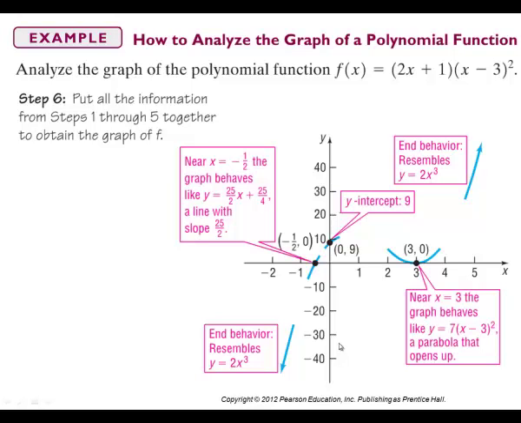Alright, so this is what we've got so far. We know it comes up and to the right because it operates like a positive x cubed. It comes up and to the right, down and to the left. We know our zeros are at 3 and negative 1/2, and we know that our y-intercept is at 9. So we know that it comes down and touches, because that's a multiplicity of an even number.